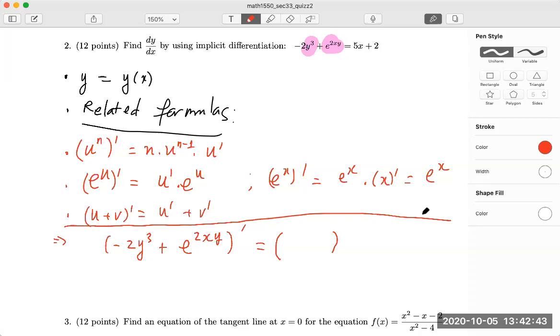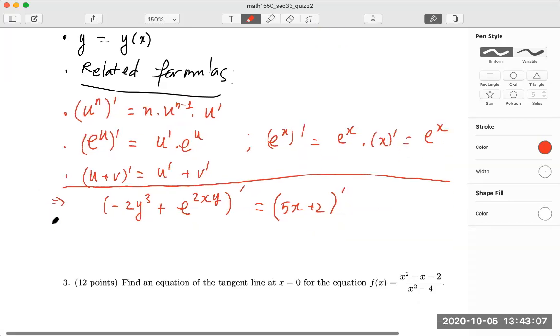What is the right-hand side? Yes, 5x plus 2. They are equal to each other, so the derivatives should be equal. Thank you, Matty.